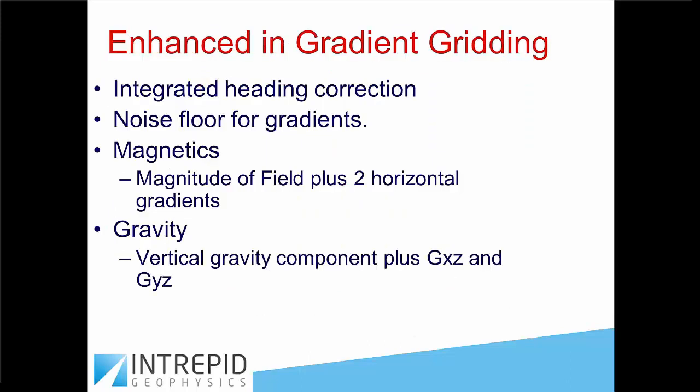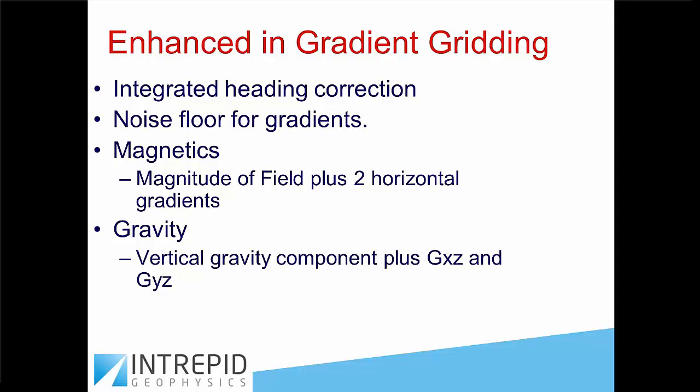In the Intrepid tool, which I'm talking about today, there are enhancements to gradient gridding. Included inside the algorithm are integrated heading corrections. There's an ability to specify a noise floor, and for magnetics you can specify not only the TMI but plus 2 horizontal gradients. That is a supported feature of the tool.